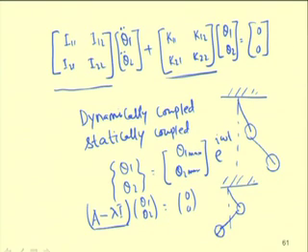So, this shows two modes of vibration. This corresponds to the first mode and this corresponds to the second mode. So, in this way for any 2 degrees of freedom system, one can find two natural frequencies by finding the eigenvalues of this matrix.